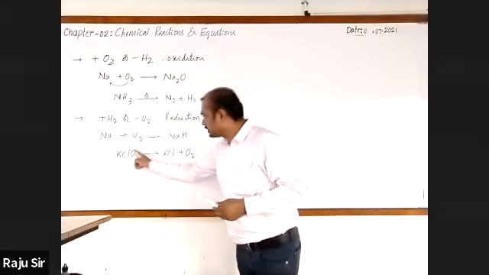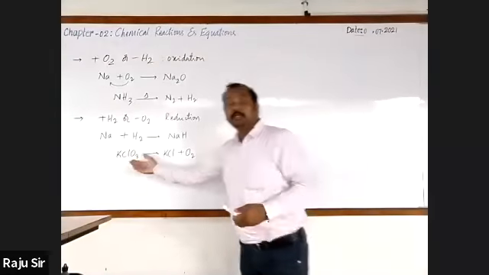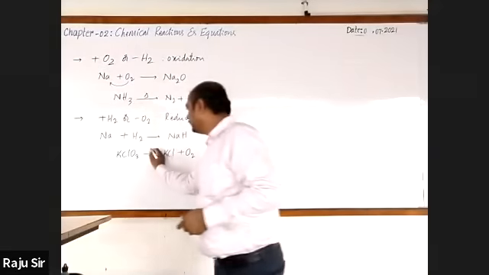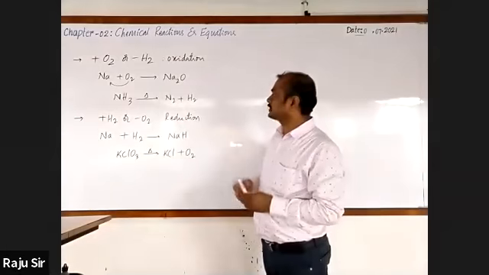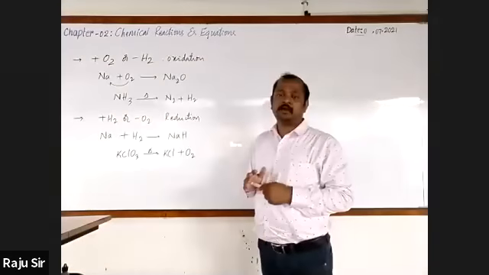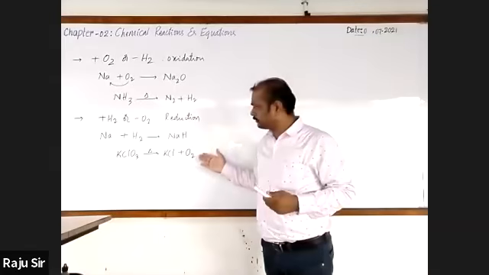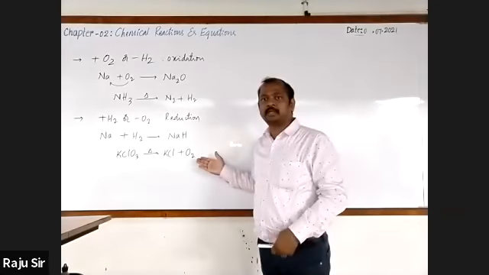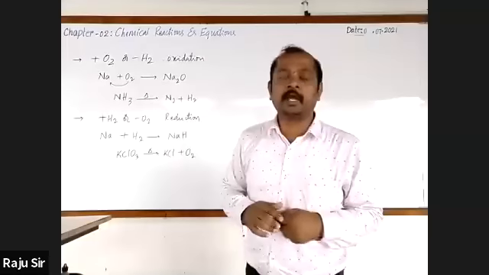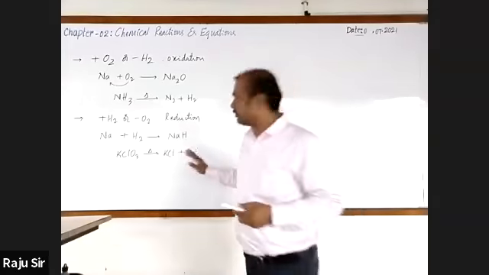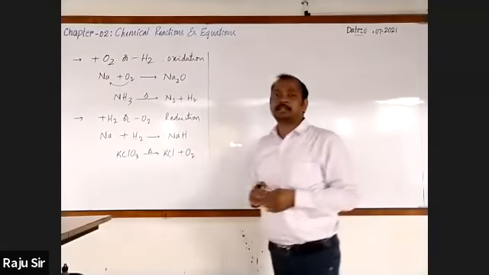Oxygen present in the potassium chlorate is removed by heating it. So this removal of oxygen from a substance is called reduction or reduction reaction. Dear students, you are also very familiar with this chemical reaction. This is used for preparing oxygen in the laboratory, right? So remember this one.